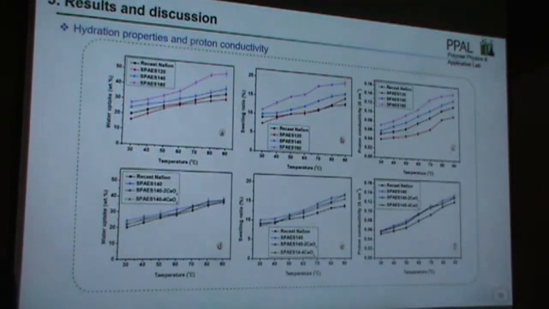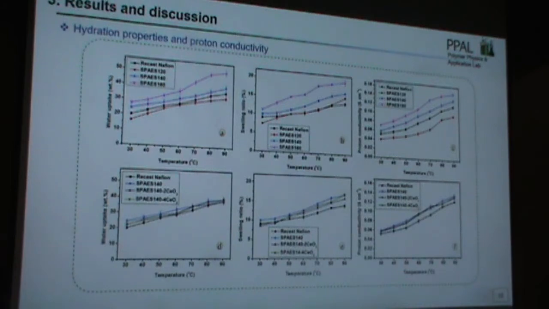And now I would like to talk about another property of the electrolyte membrane, that is the water uptake, swelling ratio and proton conductivity. We can see from figure A to figure C the water uptake, swelling ratio and proton conductivity of the membrane with different sulfonic acid concentration.